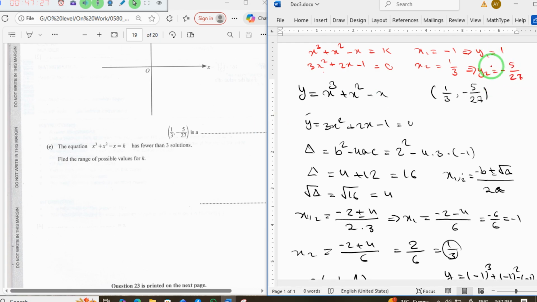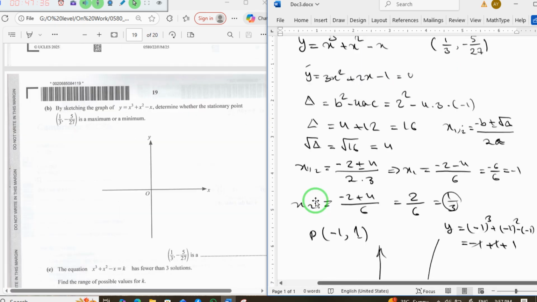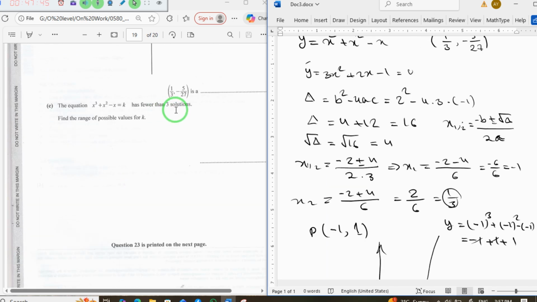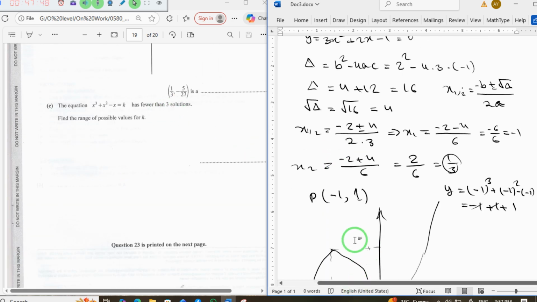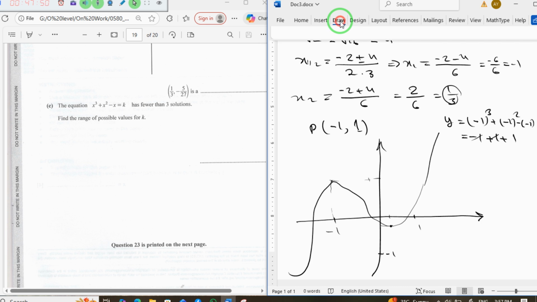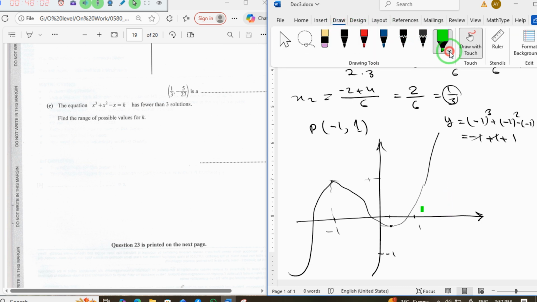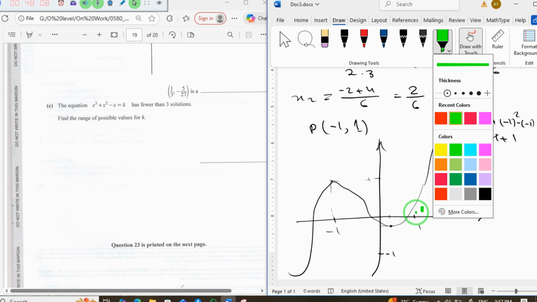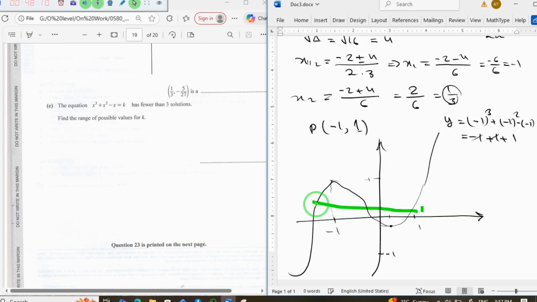Between these two, y2 and y1, the equation has 3 solutions, because when you draw a line in this part, every intersection is a solution.